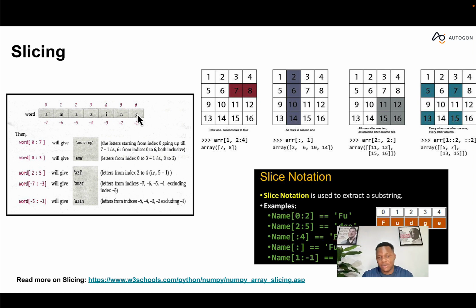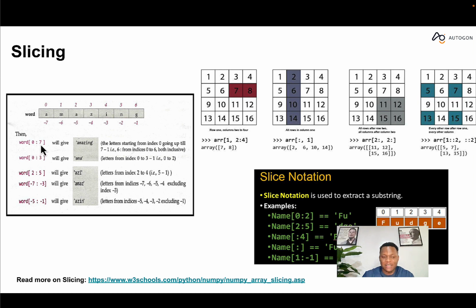That's the last column. It's always -1. Now you can see some small drills here. 0:7 will give you the items, 0:7, you count 0, 1, 2, 3, 4, 5, 6. Now notice something.